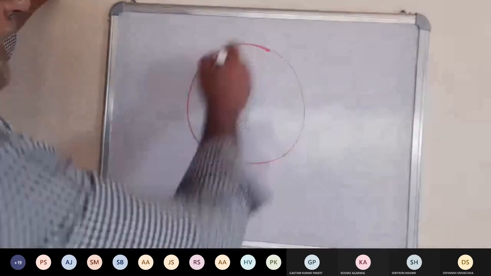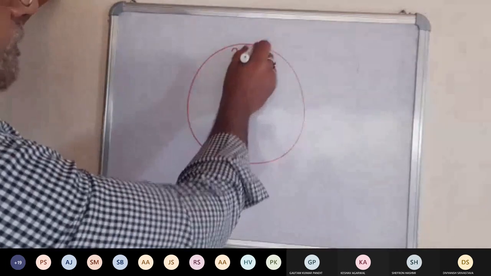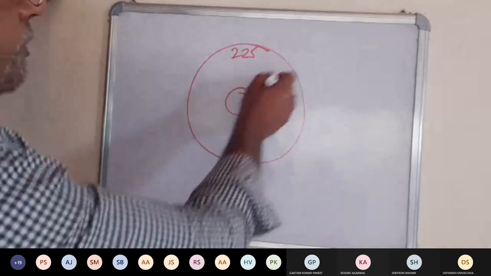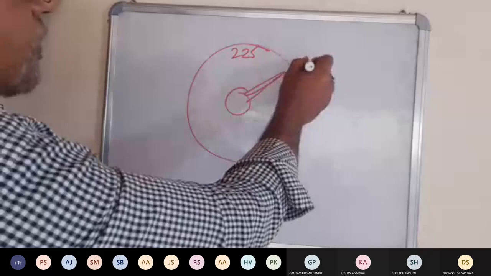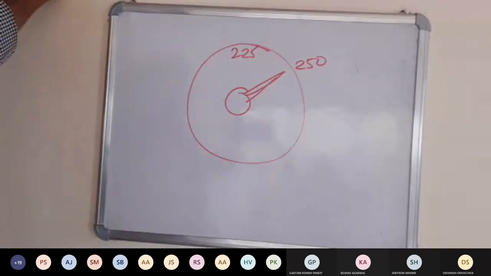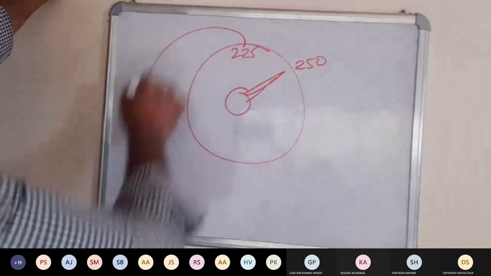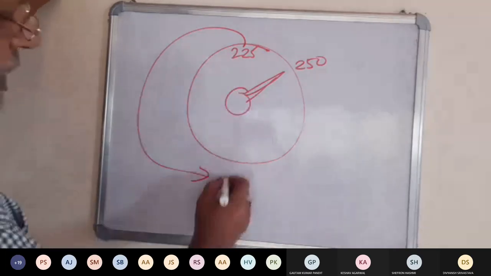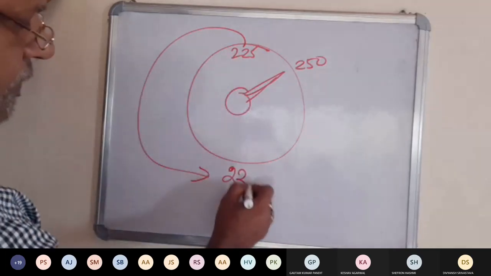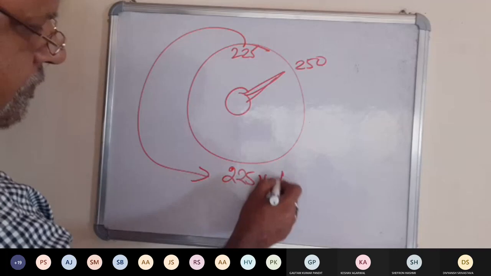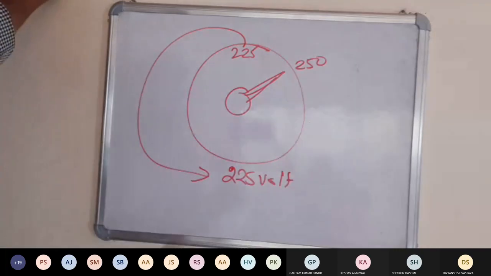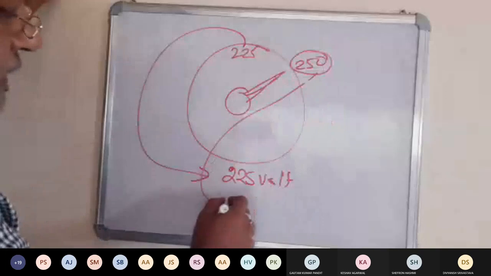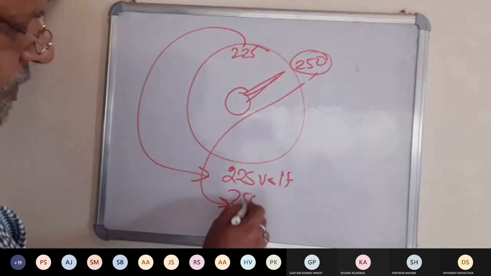मान लो जायरो कंपास इज हियर रीडिंग 225. आपने कोर्स सेटिंग कर दी 250 पे. This value is converted into a voltage. Let us say this is 225 volt, for example. This is an electrical signal. And this 250 is also a signal which is 250 volt.